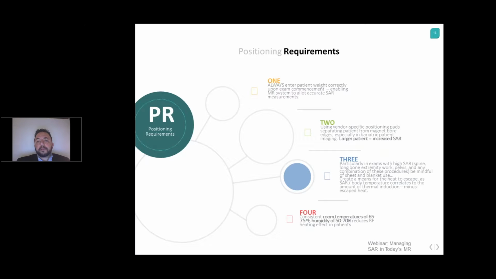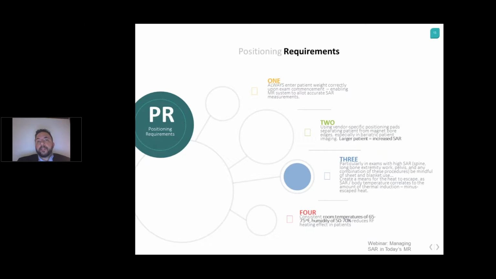Create a means for the heat to escape, as SAR and body temperature correlate to the amount of thermal induction minus escaped heat. So you want to look at the ability to give the patient's tissue and core body temperature the ability for heat to escape, that it's not contained and staying within the patient.